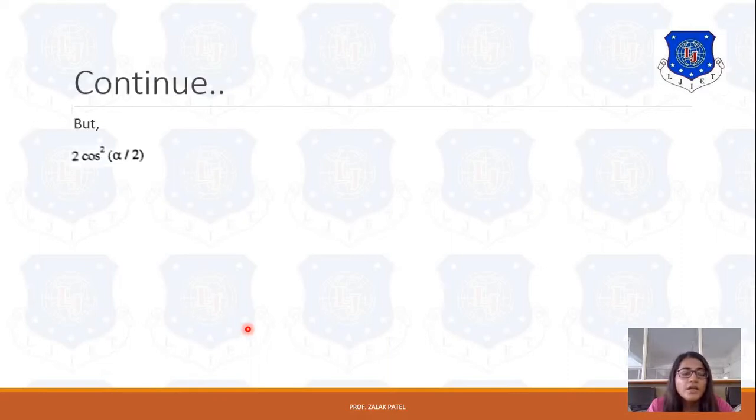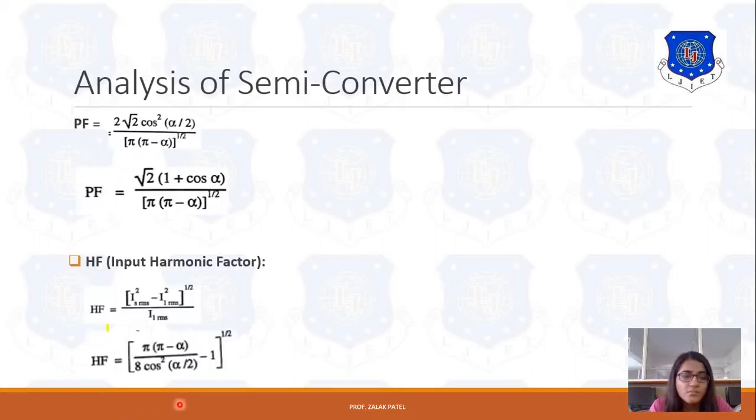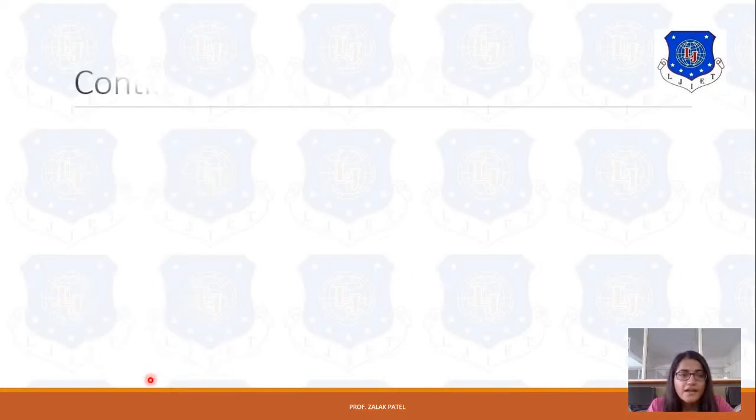Now in the last equation, if you see the term in the denominator, cos square alpha by 2 is present. So 2 cos square alpha by 2 will become 1 plus cos alpha. We can write it like this: 2 cos square alpha by 2 is equal to 1 plus cos alpha.